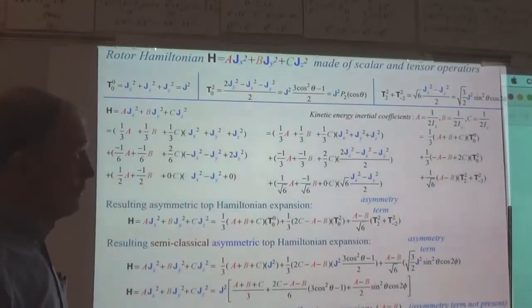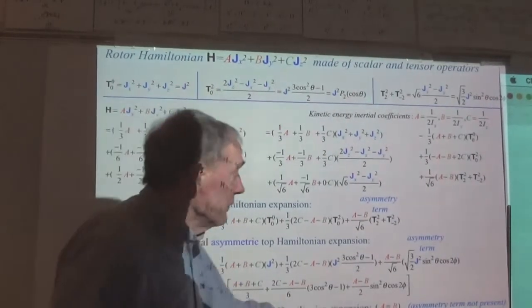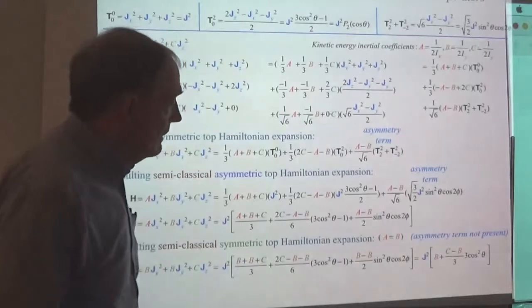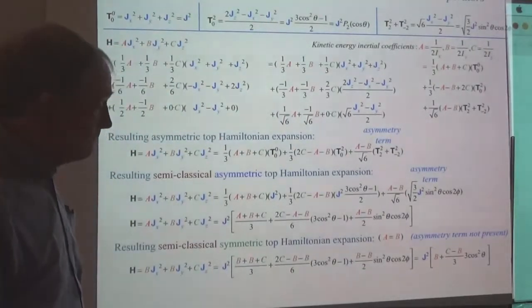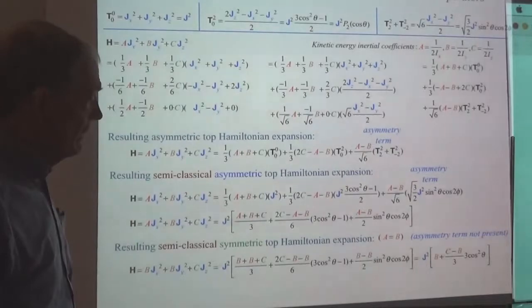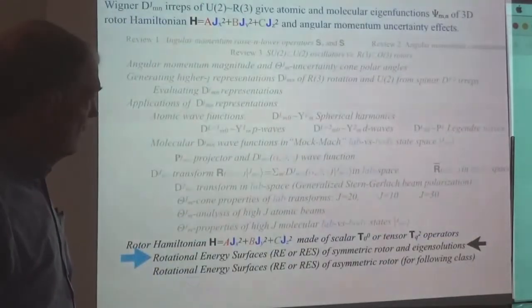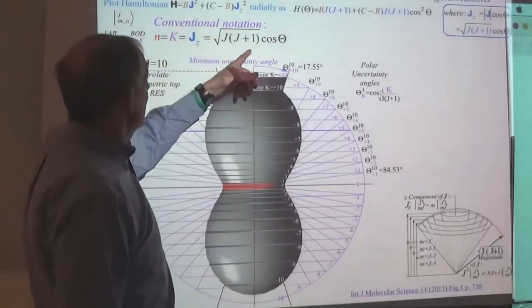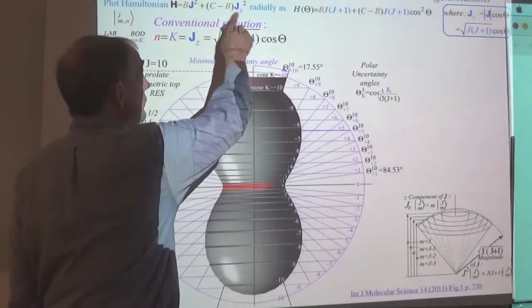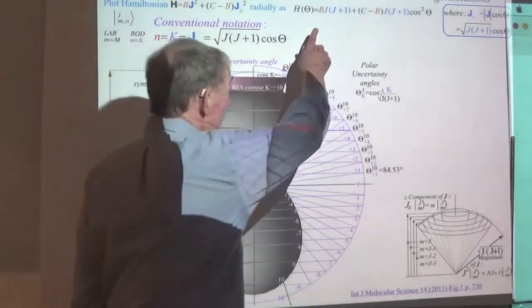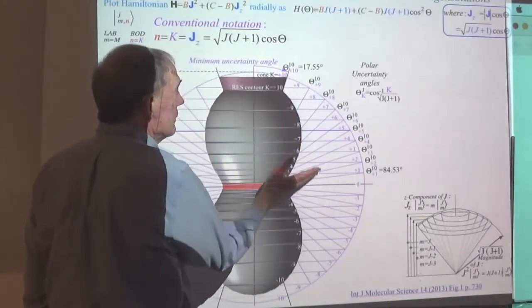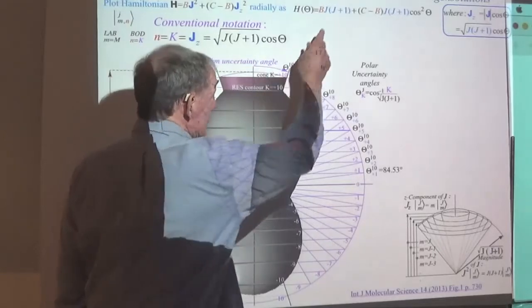But right now, I'd just like to show you a picture of what you get from looking at that one, without asymmetry. So C minus B is being held constant here for the Hamiltonian, and then we vary it to see how that affects. Here is the picture of that Hamiltonian, written just like this, as cosine squared of theta plus a constant.